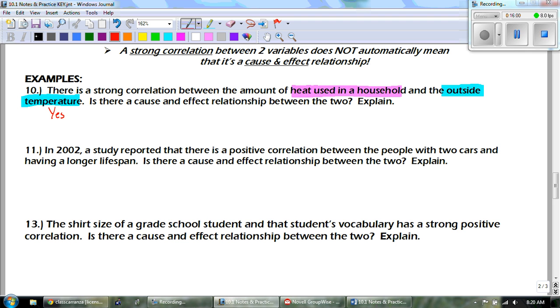Yes, because when it gets cold outside, it causes people to turn the heat up at home.